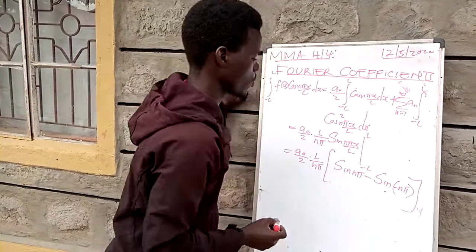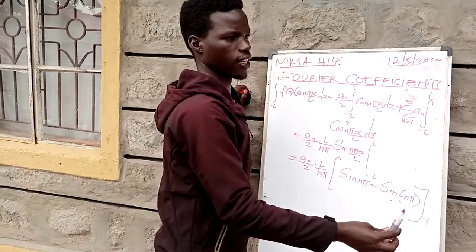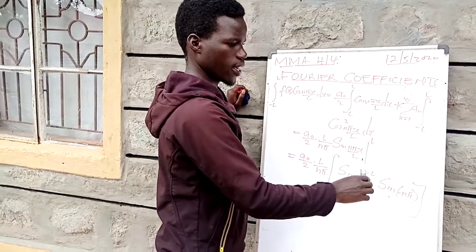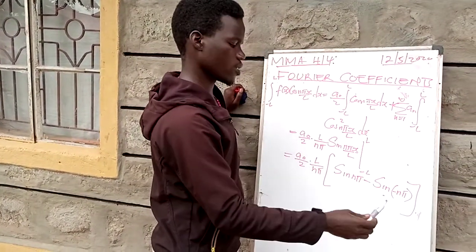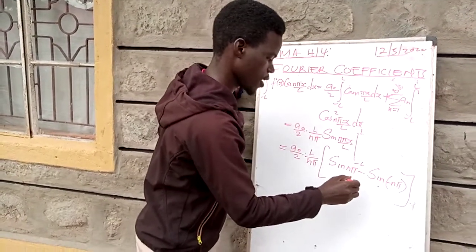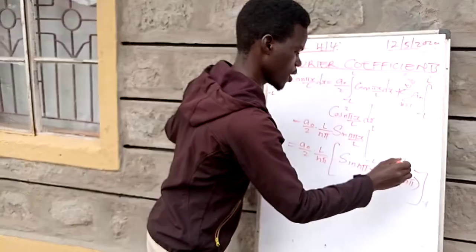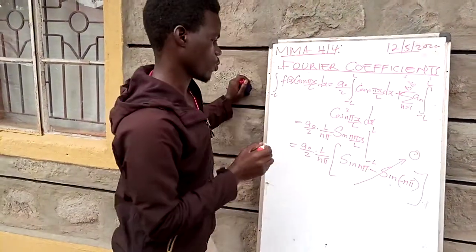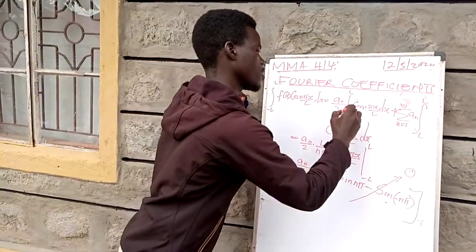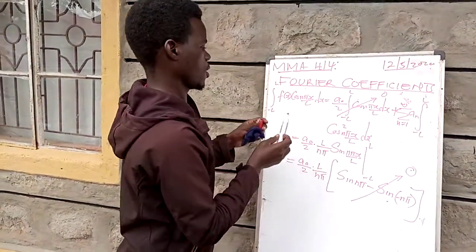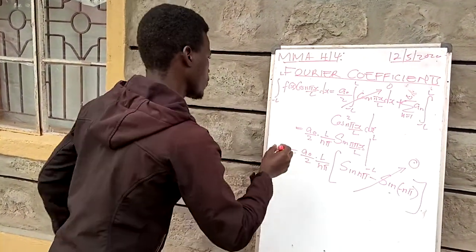And as you know, sine of anything like sine of n pi is always 0. So everything here will run down to 0, and this one disappears.